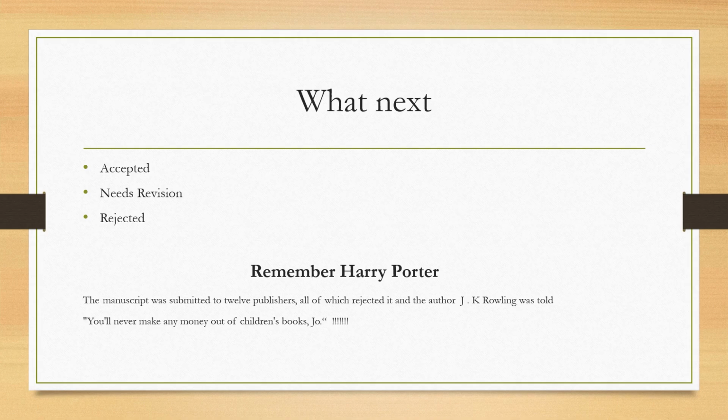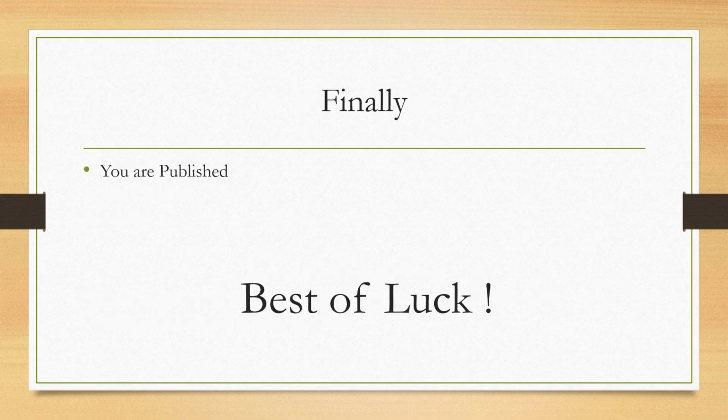And one even had the audacity to tell her, "You will never make any money out of children's books." And you all know, the rest is history. She's a billionaire now. So you get published. That's the last thing you want with all your hard work.